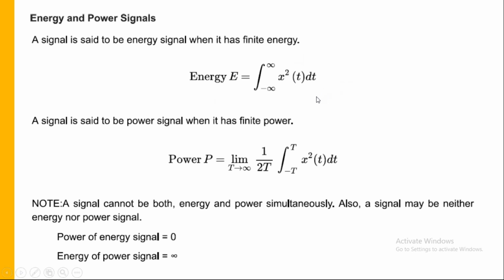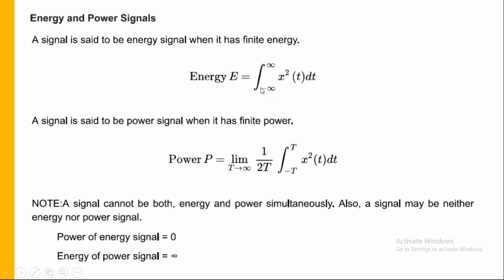Now you may ask, sir, can I use minus infinity to infinity always? In general, I don't know how my signal exists, but I can represent the signal in general from minus infinity to plus infinity. That's the reason that when you write a mathematical equation, your expression should be in a generalized sense.